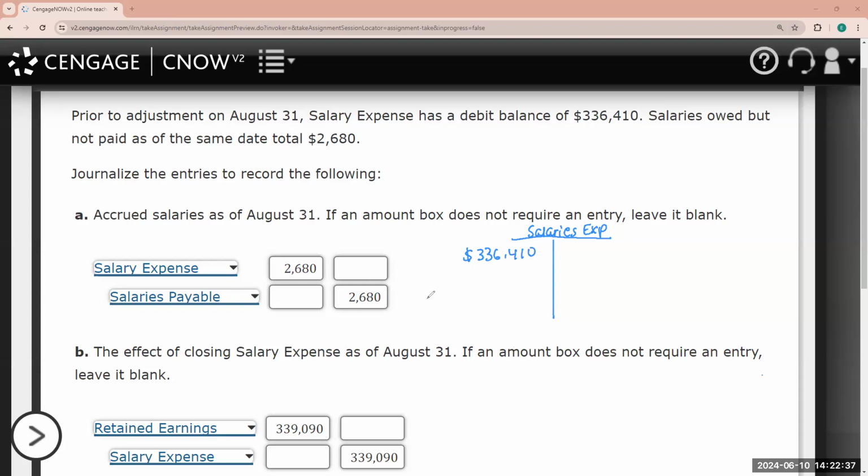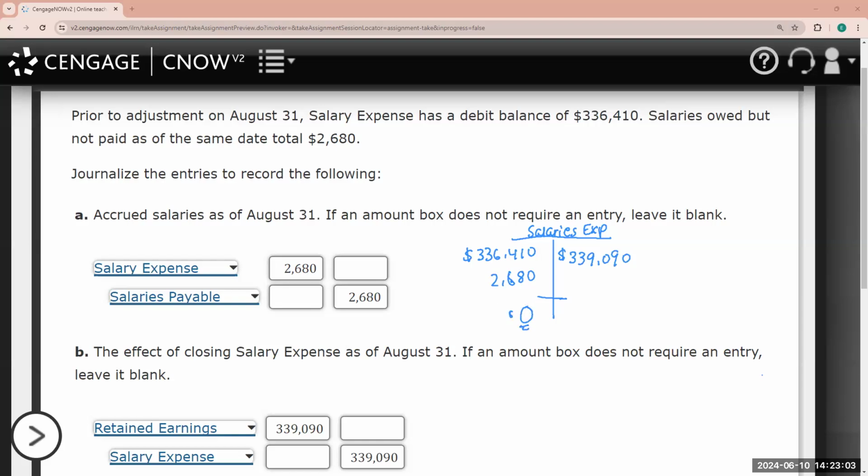And then again, our employees worked for us for $2,680 worth of salary. And then now at the end of the period, we are crediting the account for $339,090. So now at the end of the period, our balance is $0.